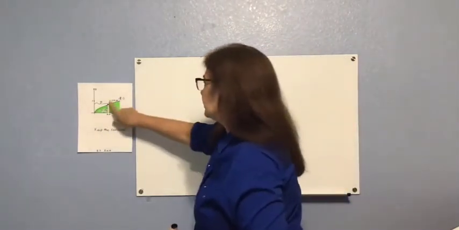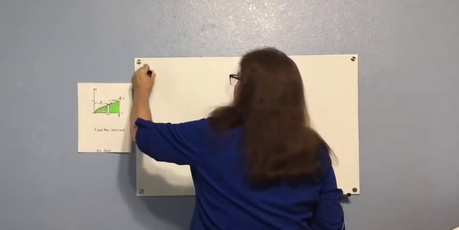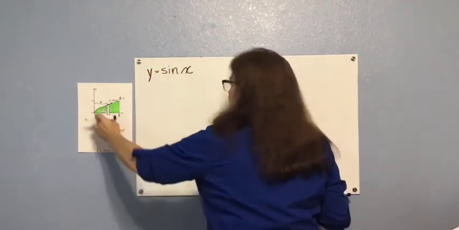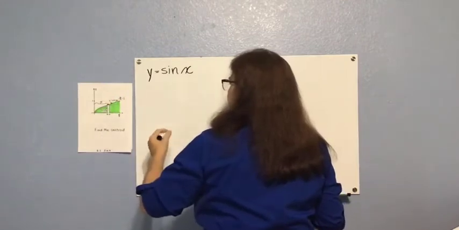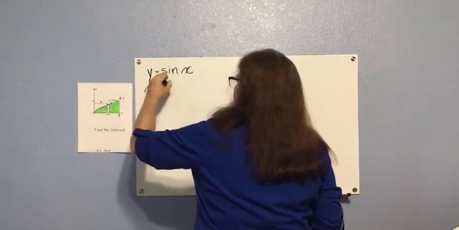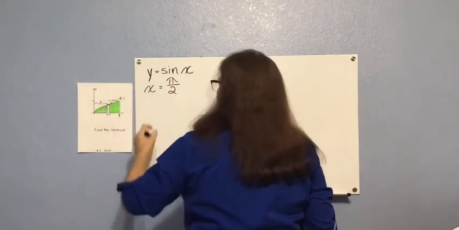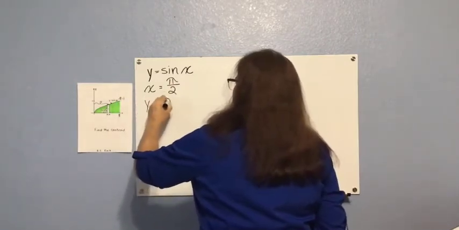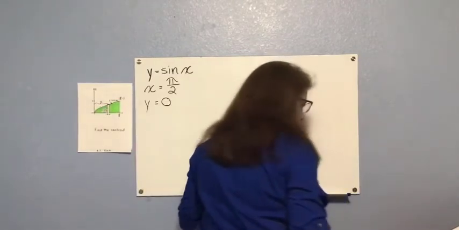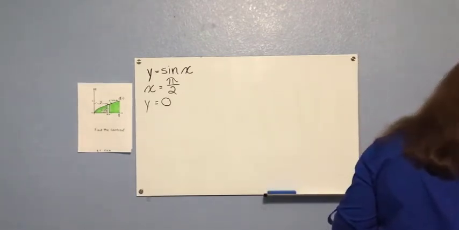So I have this region here, and it is bounded by y equals sine x, that's of course the curved part here, and x equals pi over 2 is this right-hand boundary, and of course y equals 0 is the x-axis. So those are our three boundaries. So we want to begin by finding the area of this region.